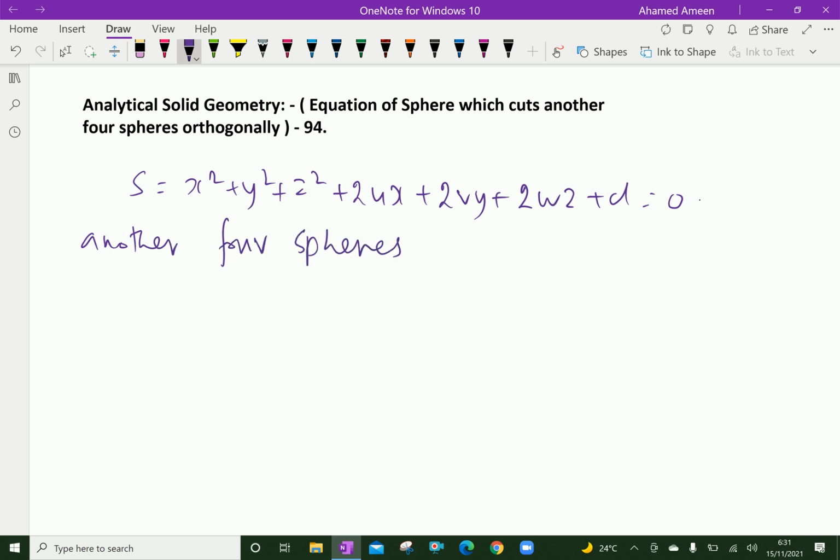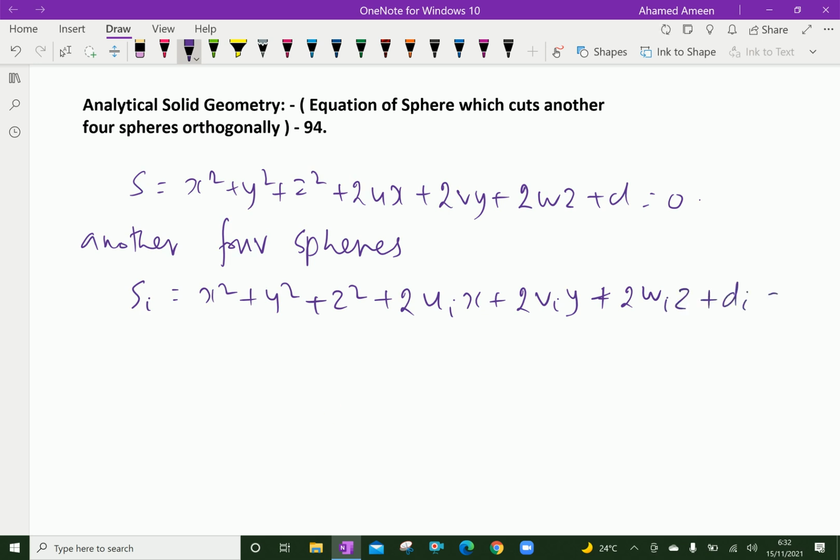four spheres which cut the above sphere orthogonally, each, then we can write x square plus y square plus z square plus 2ui x plus 2vi y plus 2wi z plus di equal to 0, where i is a suffix having the values 1, 2, 3, 4.